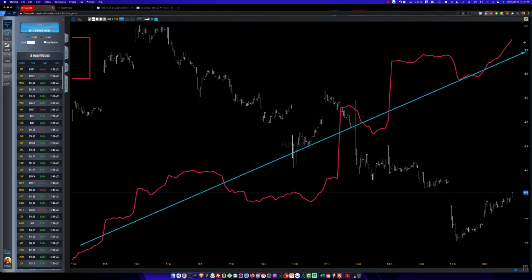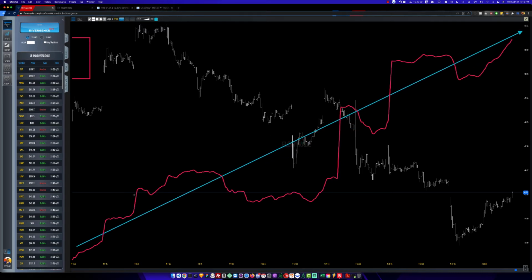Started back on the 1st. The algo's been buying. This 90-degree upshoot that you see here is large institutional buying, right? When that happens, you can see that the price kind of fell off a little bit.